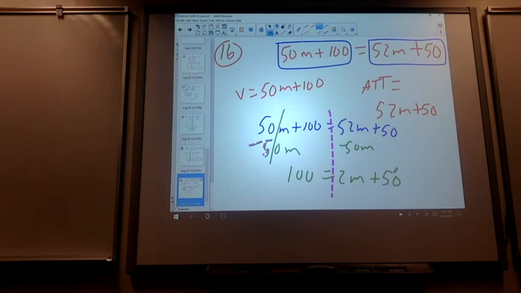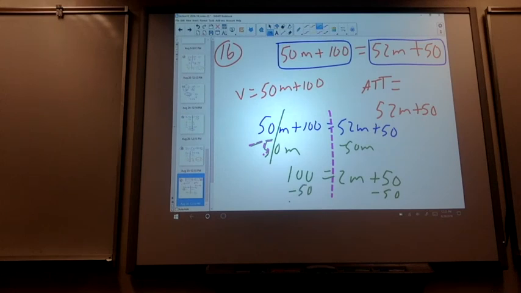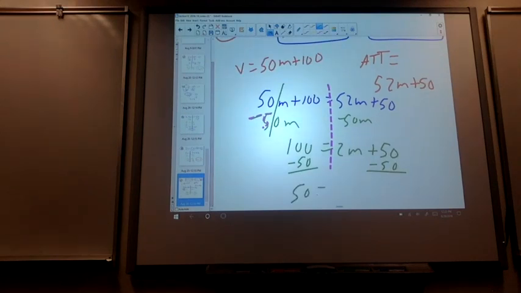Subtract 50 from both sides. I wind up with M equals 25.